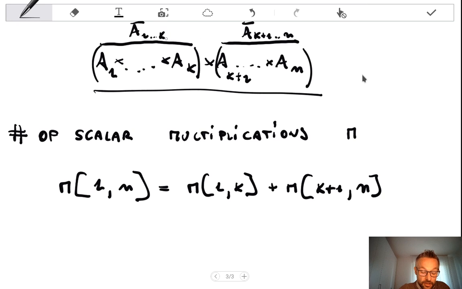The number of rows in this matrix will be P1, the number of columns in this matrix will be Pn, of course, and the number of columns in the first matrix is the number of rows of the second, so we can write Pk.